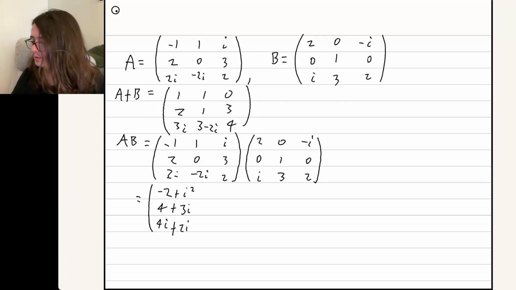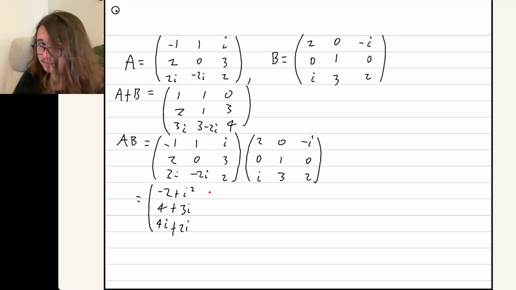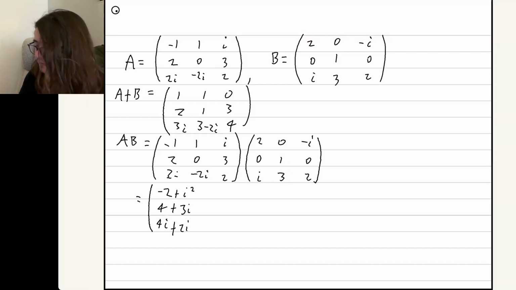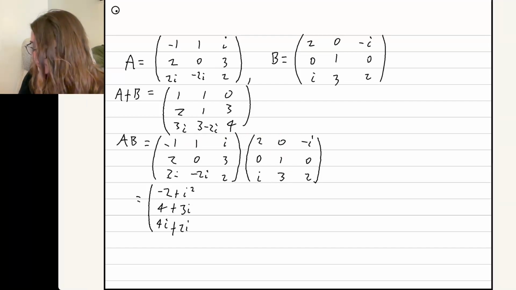Whenever you want to move to the next column of the product matrix, you just keep whatever row you're on for the first matrix, and multiply it by whatever column you're on for the second matrix.